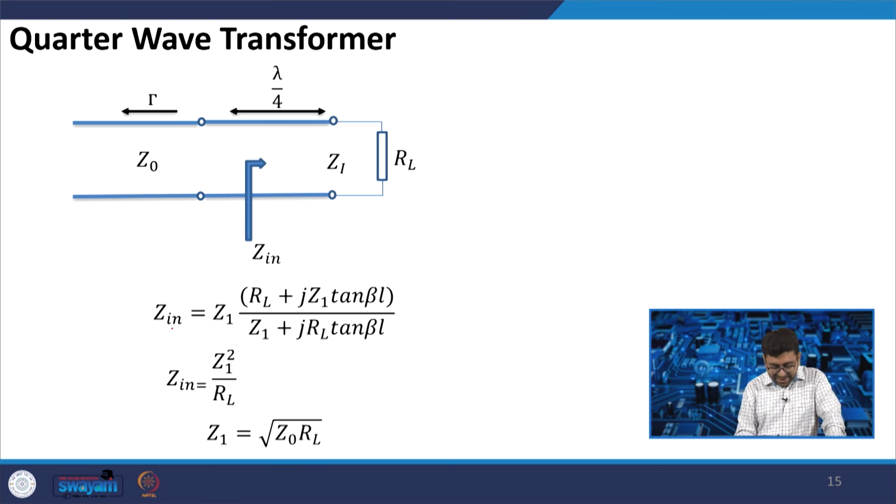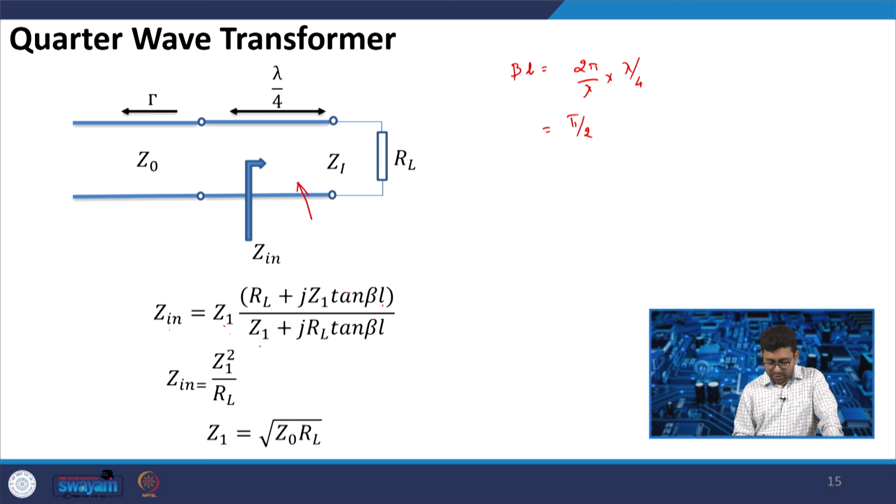If you consider Zin, the input impedance, and the length of the line is lambda by 4, and the transmission line impedance is Z1, then Zin = Z1 (RL + j Z1 tan beta L) / (Z1 + j RL tan beta L). Now, in this case it is lambda by 4. So, beta is 2 pi by lambda, and the length of the line is lambda by 4, so beta L comes to pi by 2, and tan of pi by 2 is infinity.